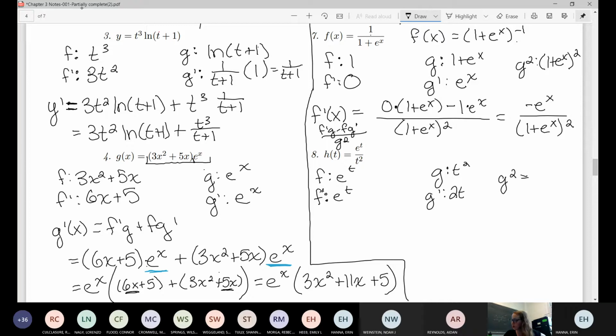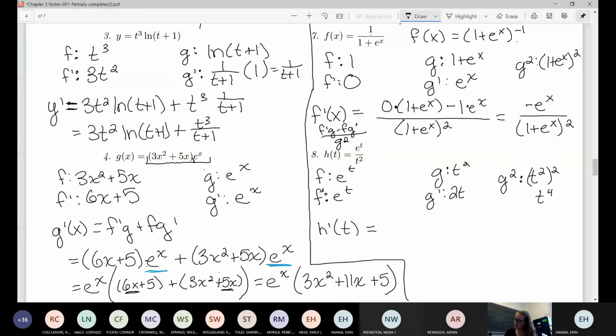And g squared would be t squared all squared. Now that one is simple enough that you should really simplify that down to t to the 4th. If it's something like 1 plus e to the x all squared, you can totally leave that. But when it's something like just a singular term squared, just go ahead and square it. I wouldn't take points off if you didn't, but technically it's easy enough to simplify that, so you probably should.